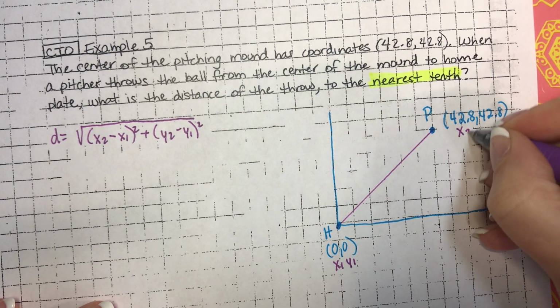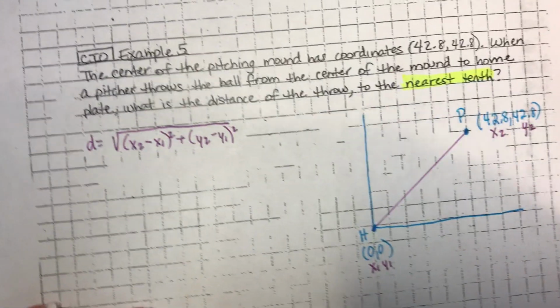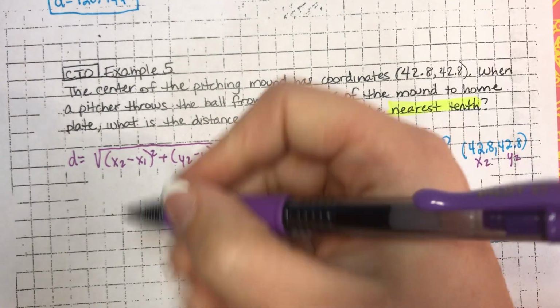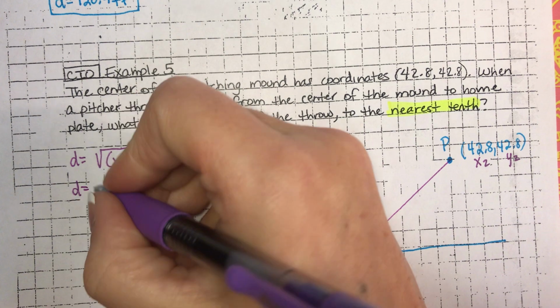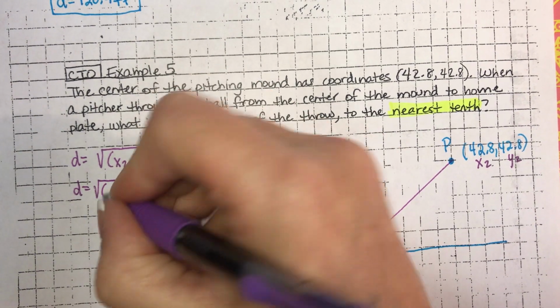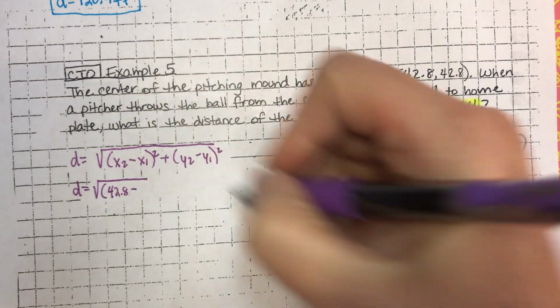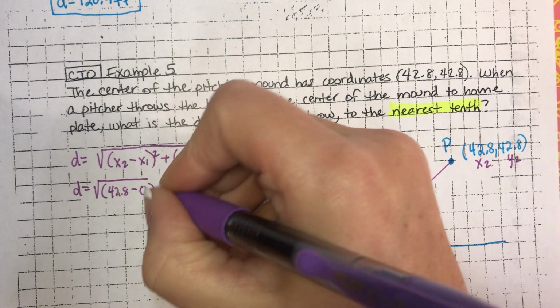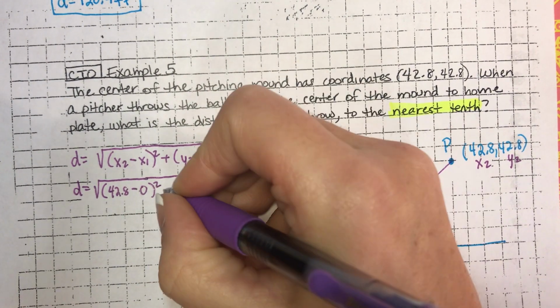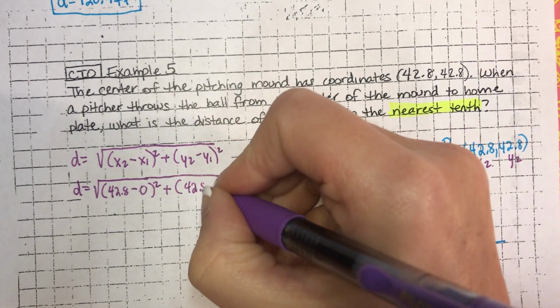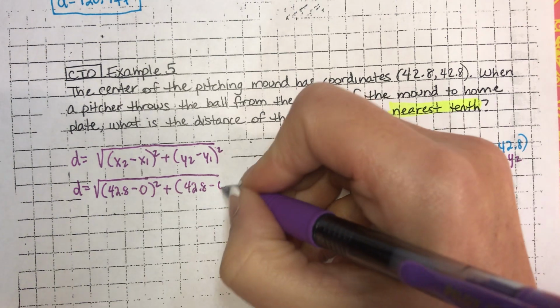This is going to be my x2. This is going to be my y2. And then I'm just going to substitute those values into my equation. And I get the distance equals the square root of x2, which is 42.8, minus x1, which is 0, squared, plus y2, which is 42.8, minus 0 squared.